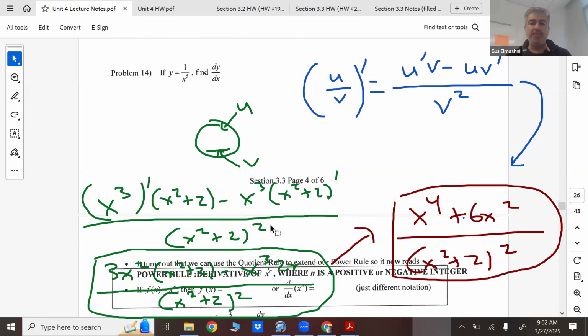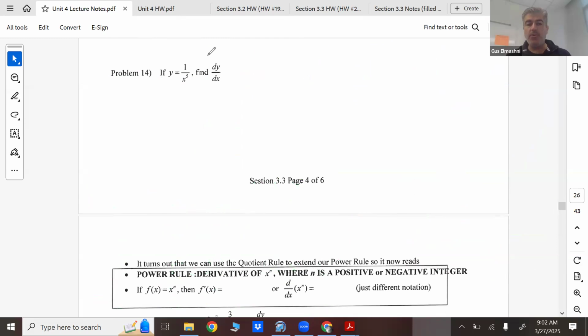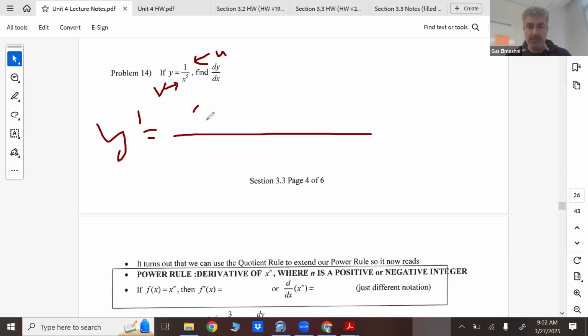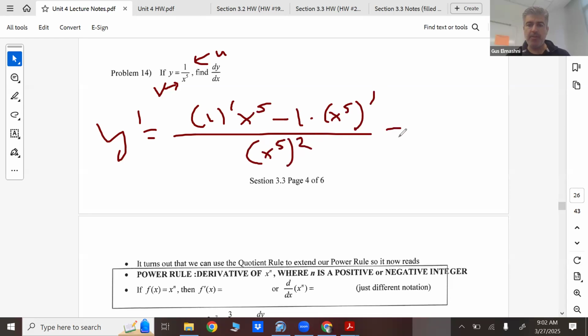You could also do the quotient rule again. Could we just do x to the minus 5? We'll get there in a moment, yes. So if you did the quotient rule again, it's 1 prime times x to the fifth minus 1 times x to the fifth prime. What's the derivative of 1? 0.